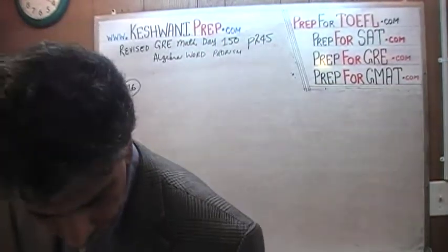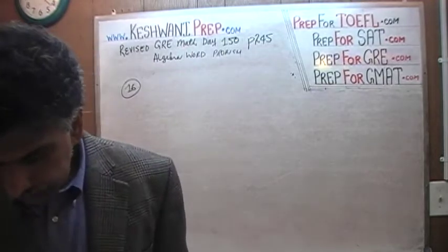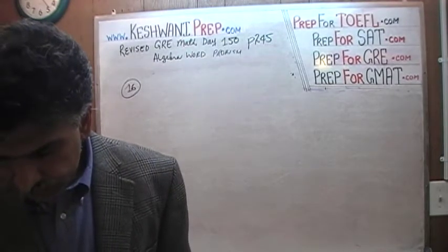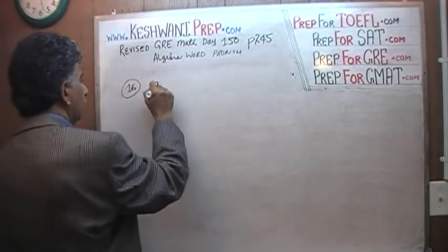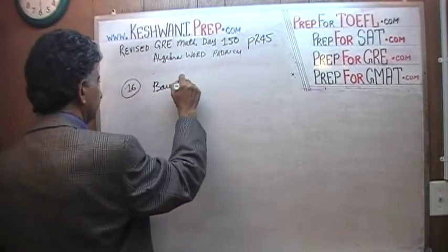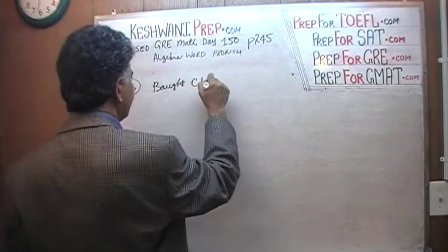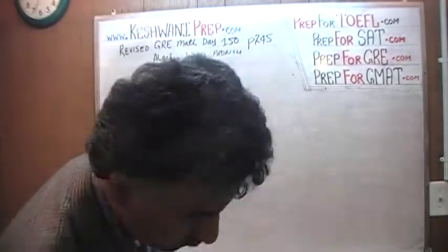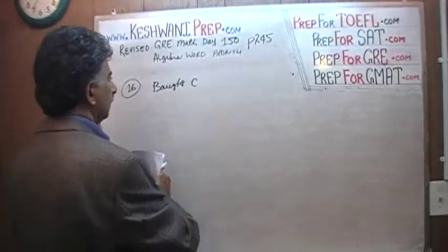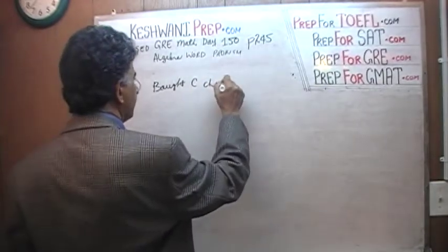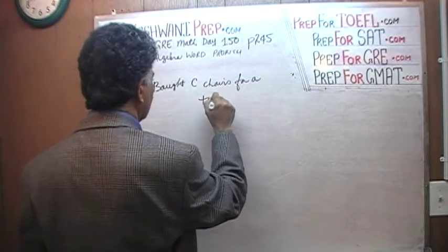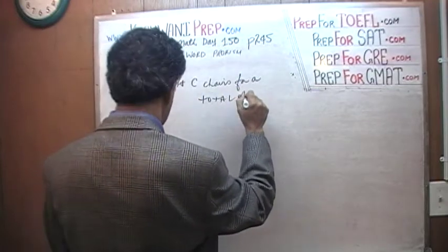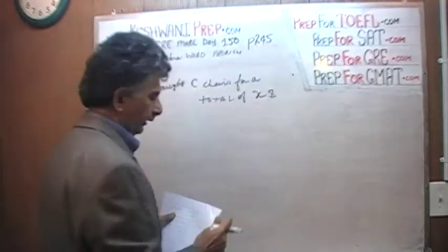Number 16. It says an antique dealer bought C antique chairs for a total of X dollars. Alright, so he bought C chairs for a total of X dollars.